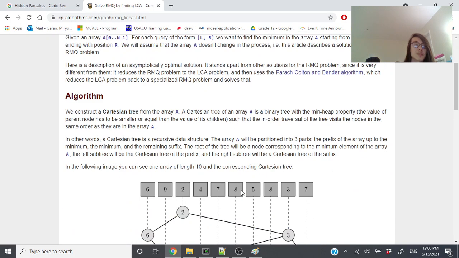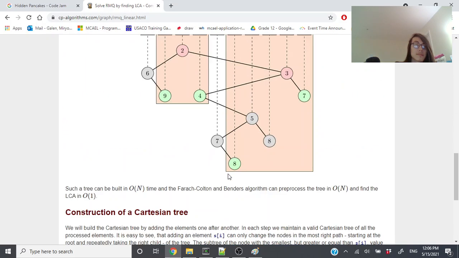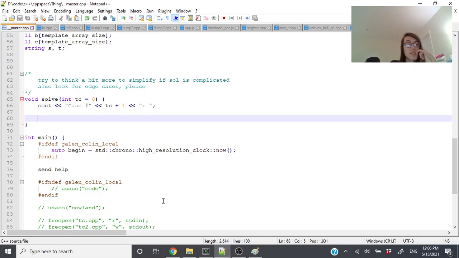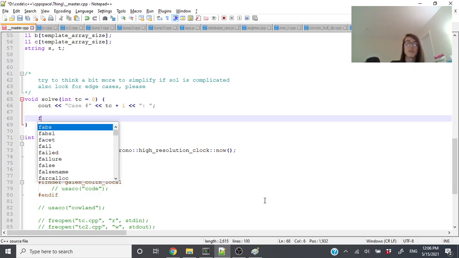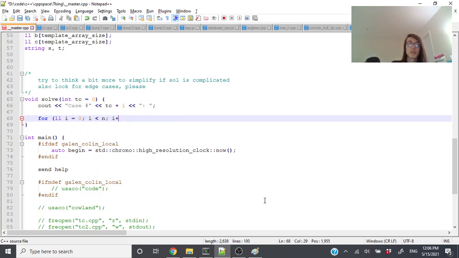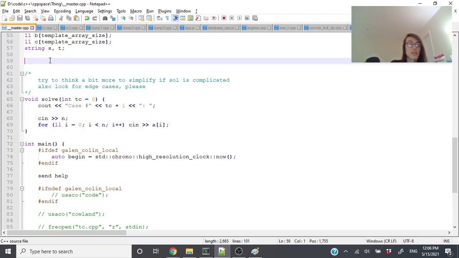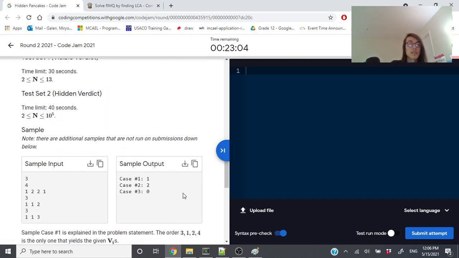Why don't they just have their own Cartesian tree thing? Yeah, I'm just gonna do this. Okay, so that's kind of cool. It's not degrees, it's size.